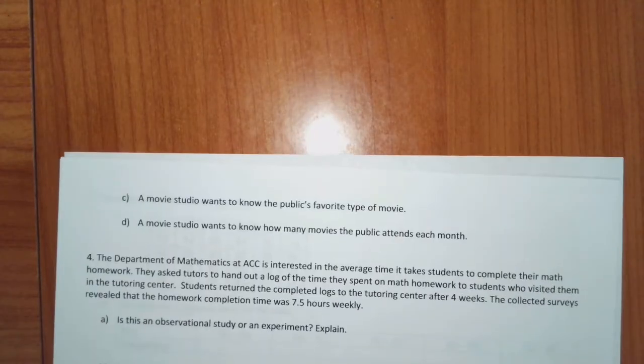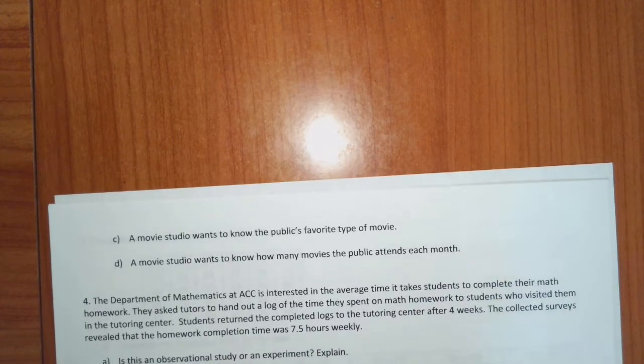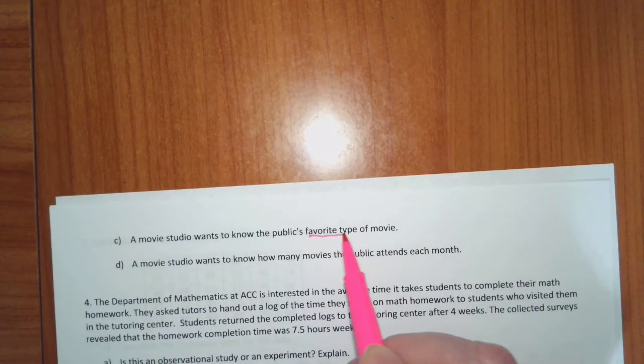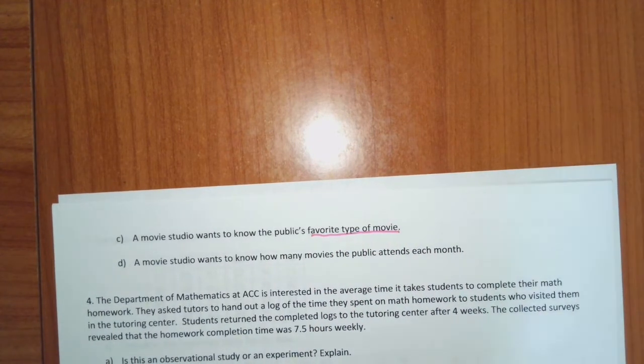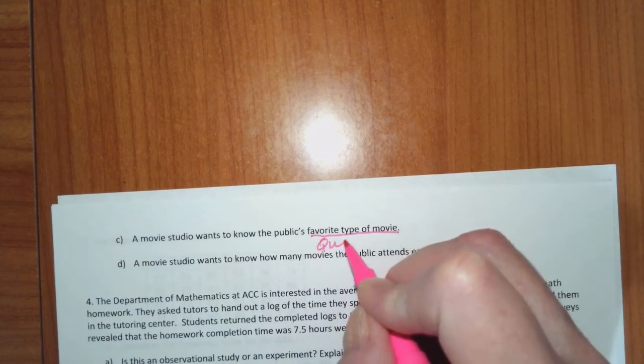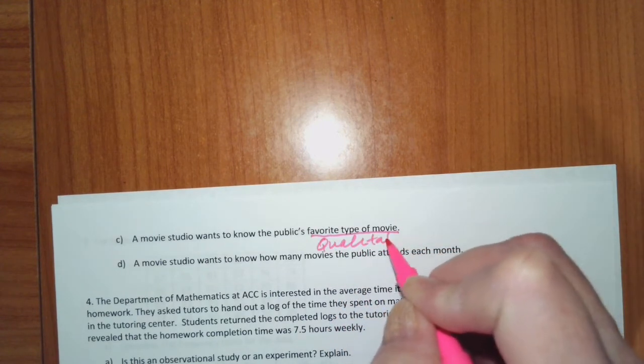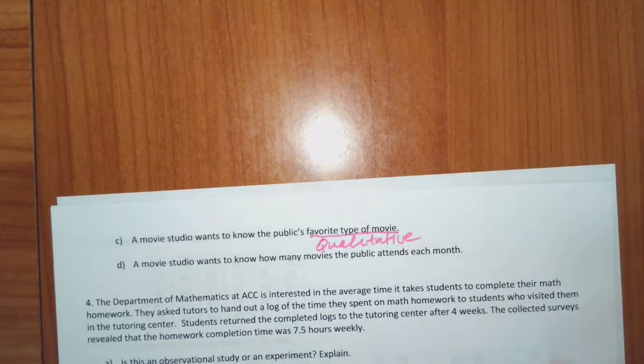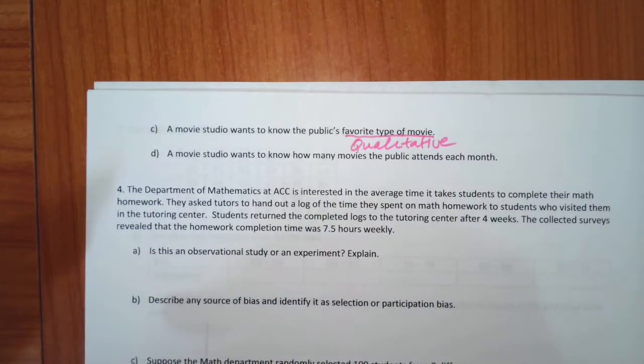I'll go back and do the graphs in just a second. Okay, a movie studio wants to know the public's favorite type of movie. That is going to be qualitative. What would the answers be to that? The answers would be action, science fiction, romance, superheroes, whatever it is, their favorite type of movie.